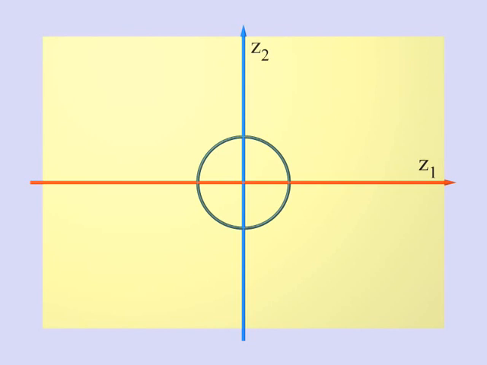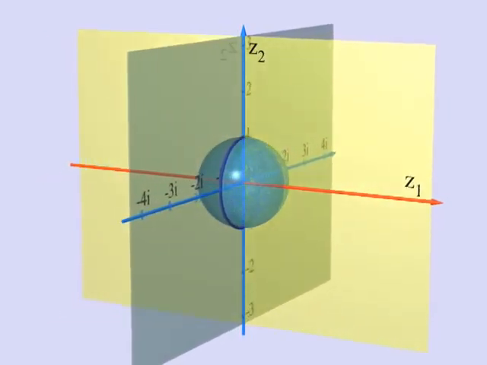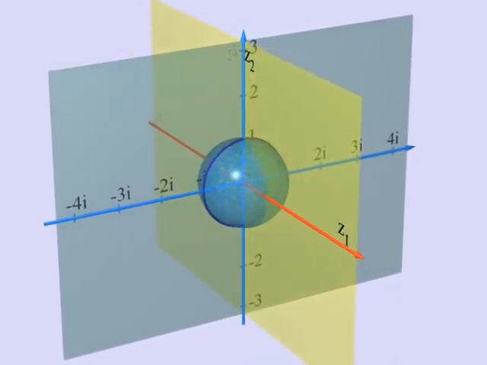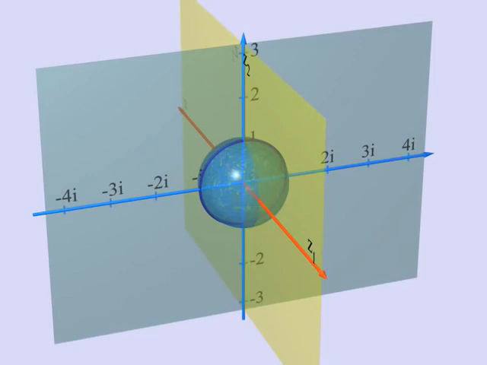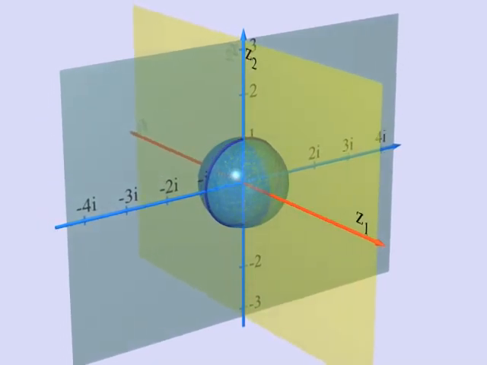The same is true for the second axis, which intersects the three-sphere in a circle as well, the blue circle. Now, what is true for the horizontal line and the vertical line is equally true for all lines going through the origin.